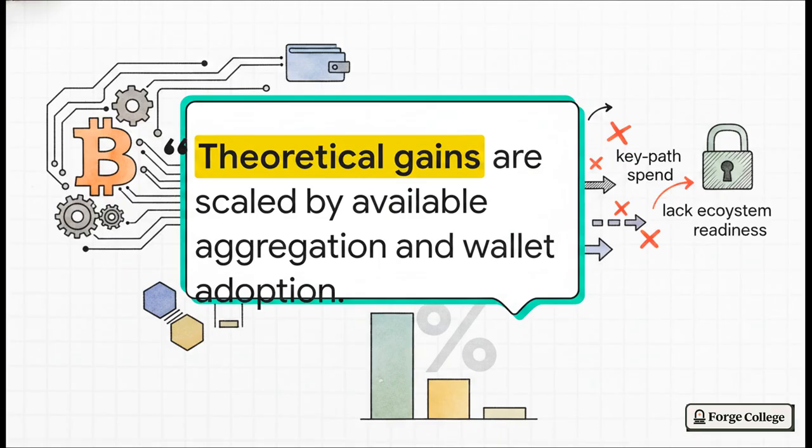Basically, if the participants in a multisig don't have access to the tooling required to create that aggregated signature, they literally can't do a key path spend. You must discount your theoretical savings by an ecosystem readiness percentage, say 50% or even 0%, depending on the specific tools your theoretical users have, to make your capstone claims realistic and evidence-driven.